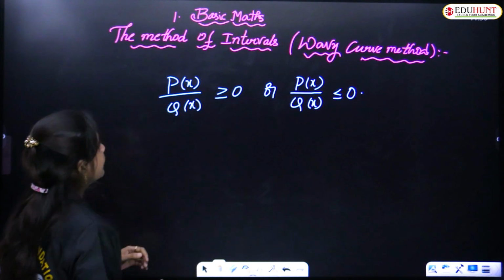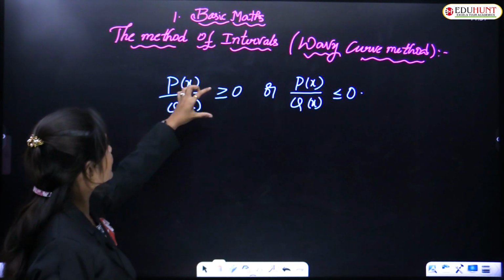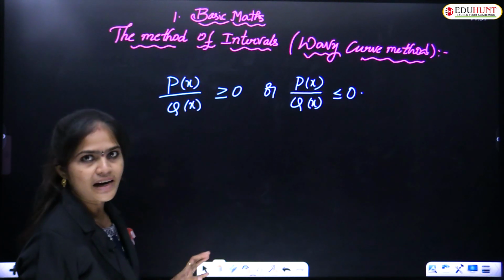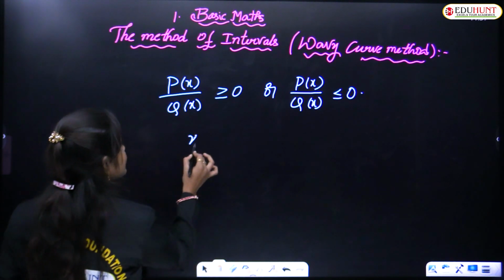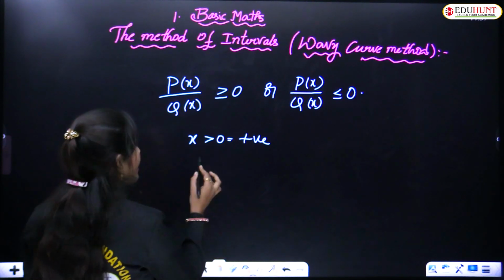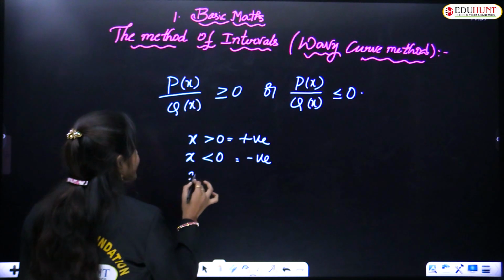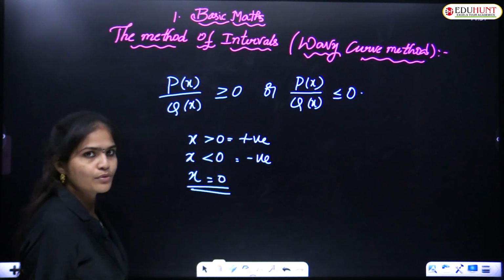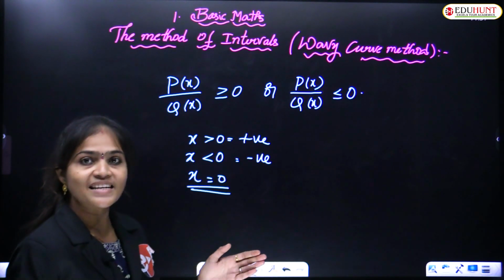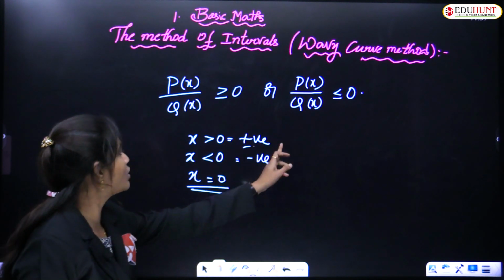First see the inequation in the form of p of x by q of x greater than or equal to 0. First I am taking positive values. Positive values means x is greater than 0, and x less than 0 refers to negative values. x greater than or equal to 0 means x may be equal to 0 or greater than 0, and greater than 0 means all the positive values.